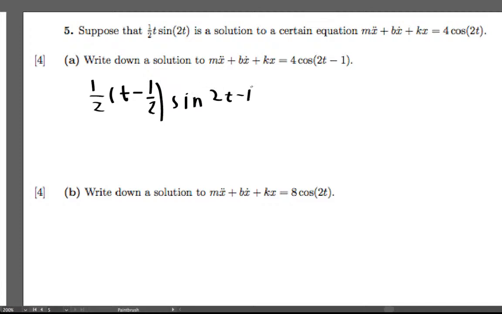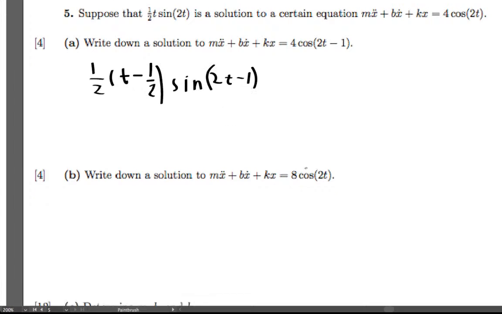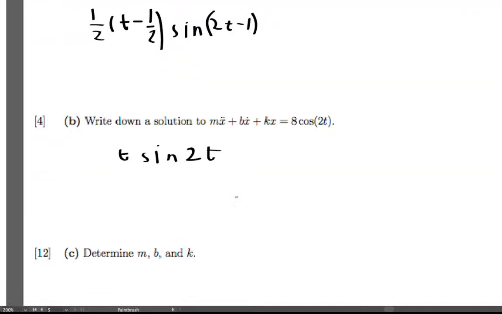Okay, what about this one? My intuition is basically just multiply the solution by 2. Yep, it is actually just multiply that by 2. Well, that's easy. And then determine m, b and k.